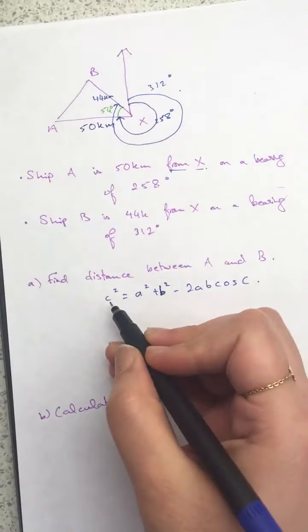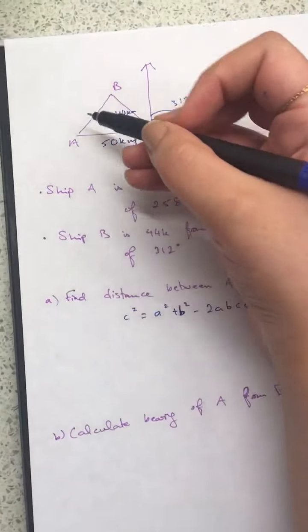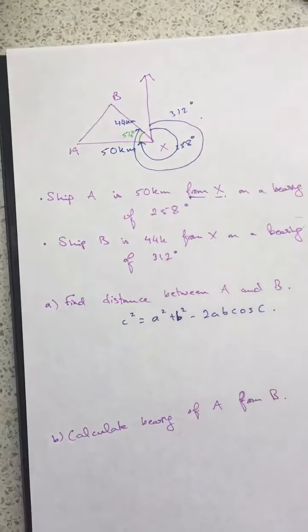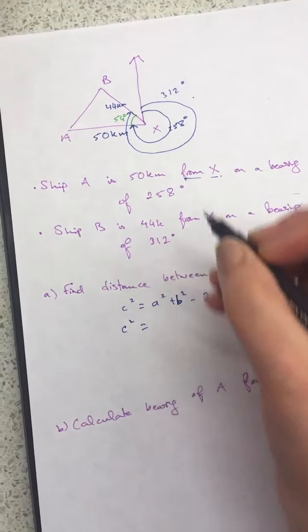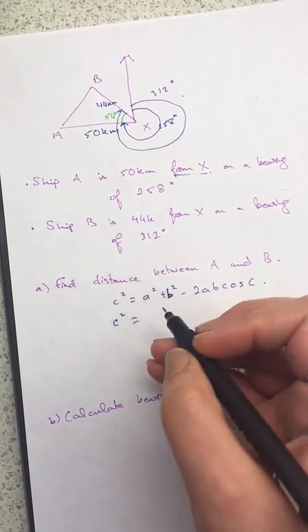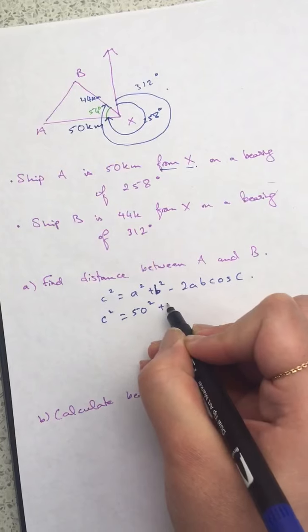Here, if I want to find the side opposite this angle, that would be C. That means this line here is represented by C, and I don't know what that is, so C squared. Then A and B are these two sides. It doesn't matter which one is A and which one's B, as long as you know you need those two sides.